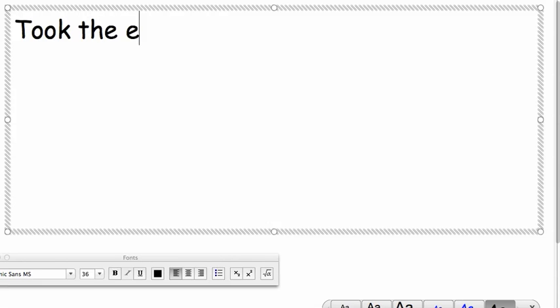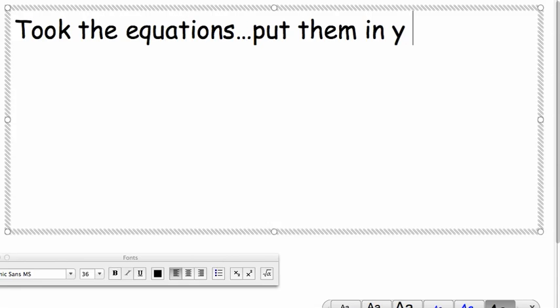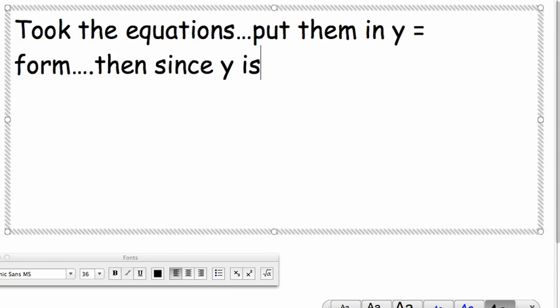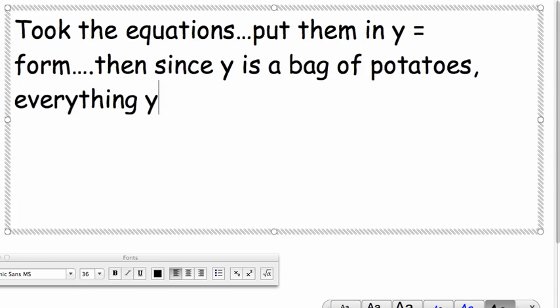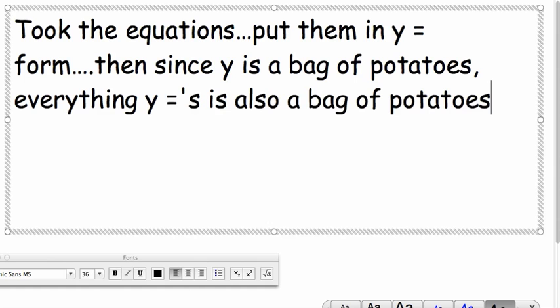Okay, so I took the equations, put them in y equals form. Then since y is a bag of potatoes, everything y equals is also a bag of potatoes.